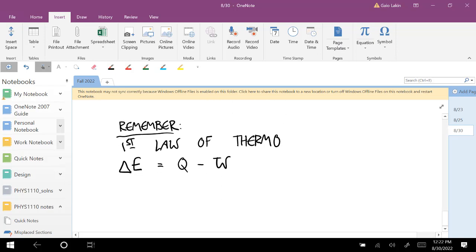And you can expand that. So if we expand, delta U is equal to the change in kinetic energy plus the change in potential energy plus the change in internal energy.